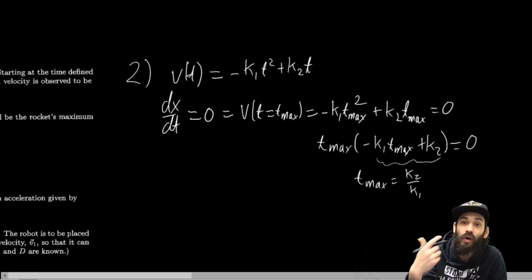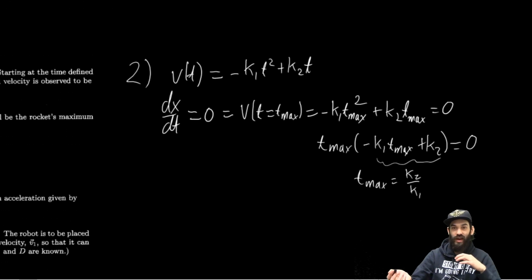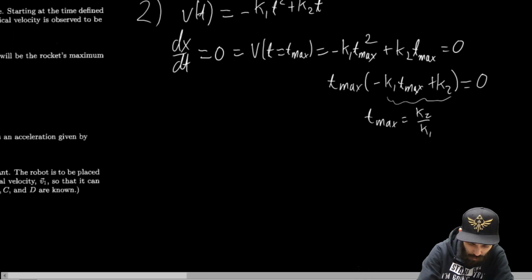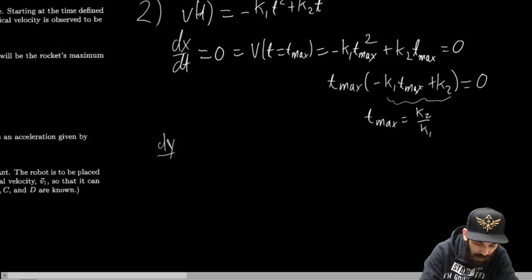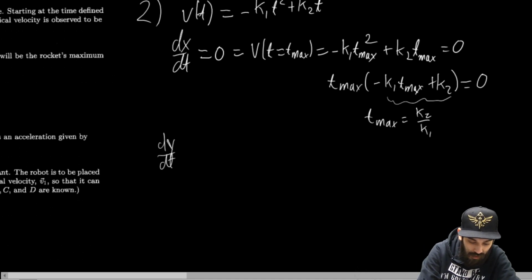Okay, so now we know how long it takes to get a velocity of 0. We need to evaluate that in our position equation in order to determine what the maximum height actually is. But before we can do that, we need to determine what the position equation actually is. In order to do that, we can say that the time rate of change of position, here I'm calling it y because we're talking about something that goes vertically, so dy dt is going to be equal to v of t.